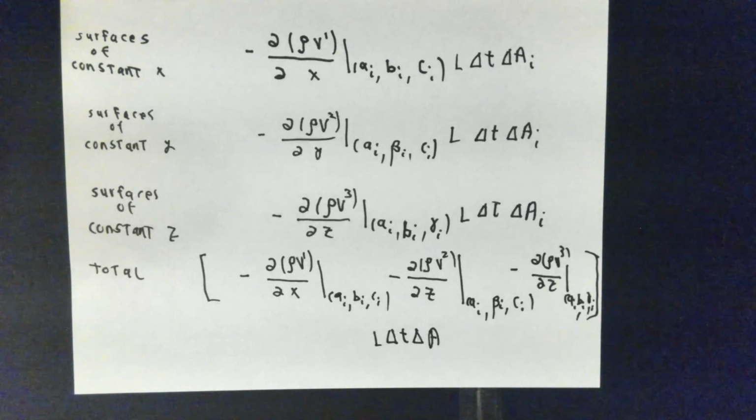This gives me an estimate for the total rate of change of mass within the cube. Alpha i is between ai and ai plus L. Beta i is between bi and bi plus L. Likewise, gamma i is between ci and ci plus L.